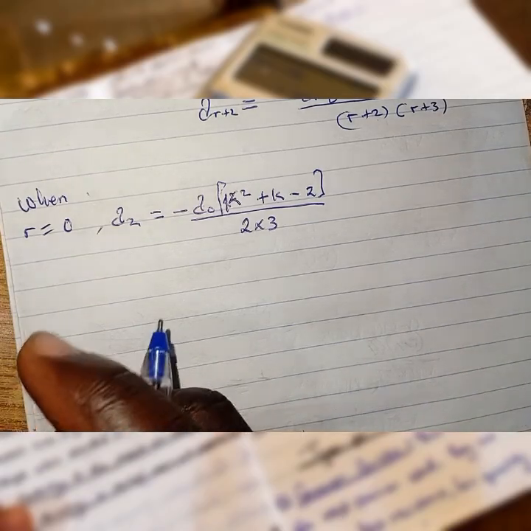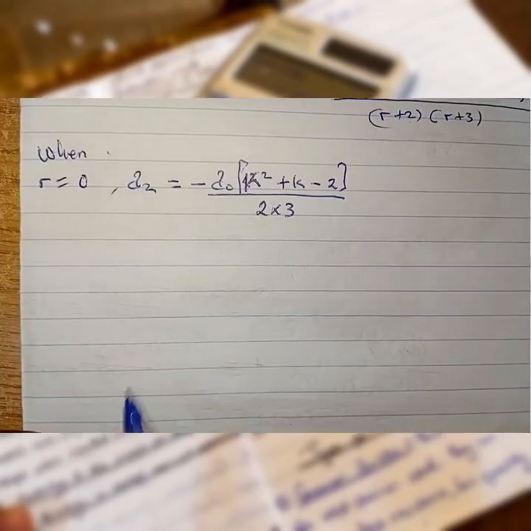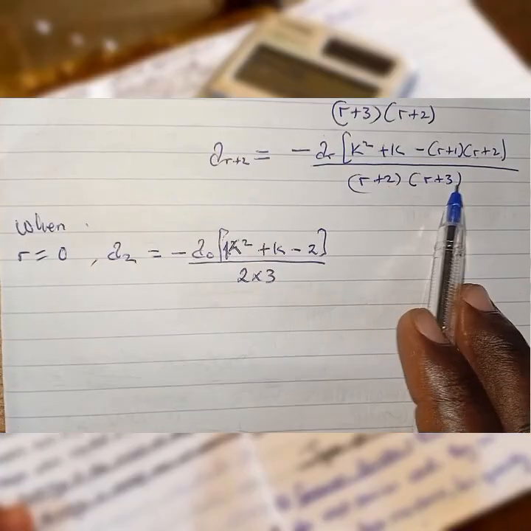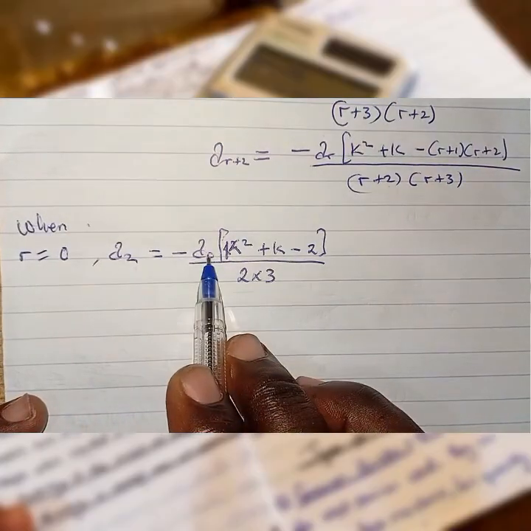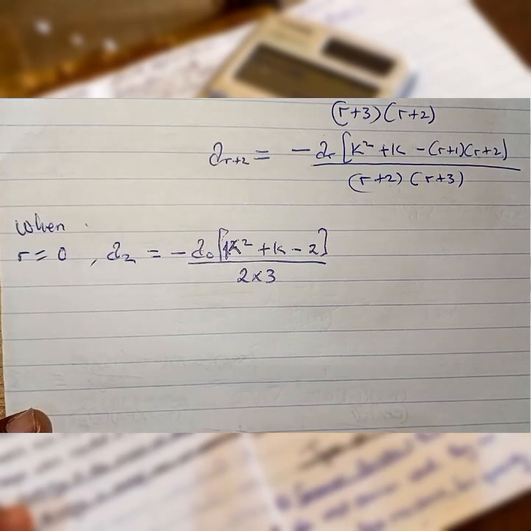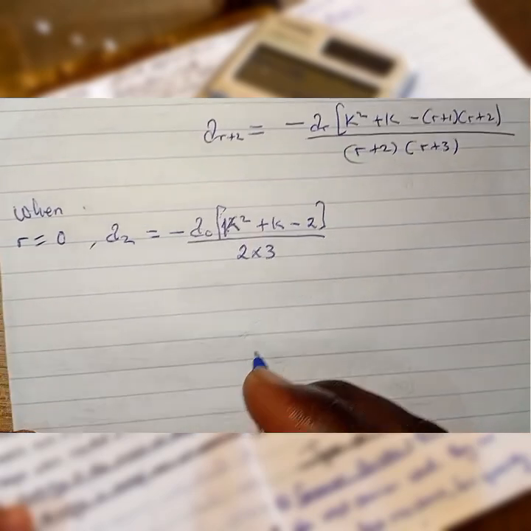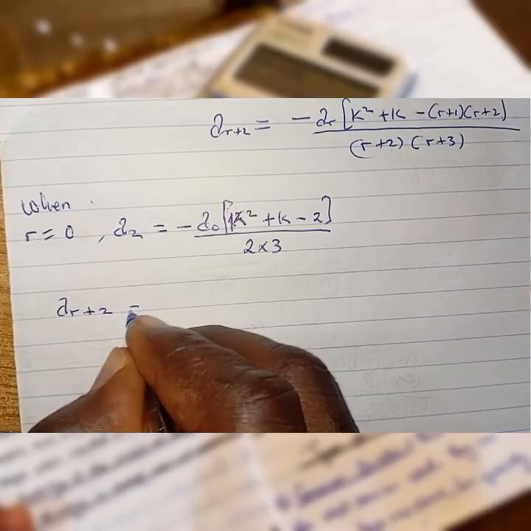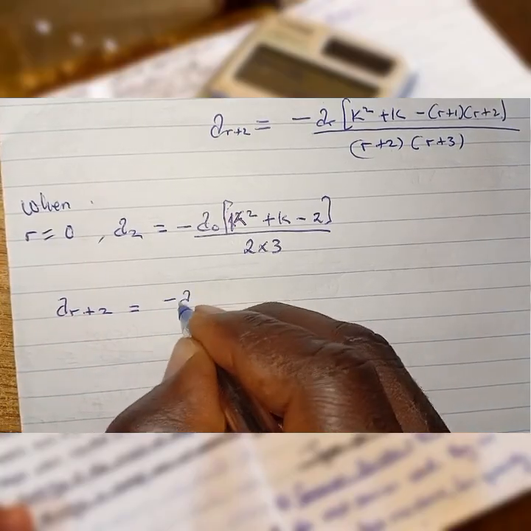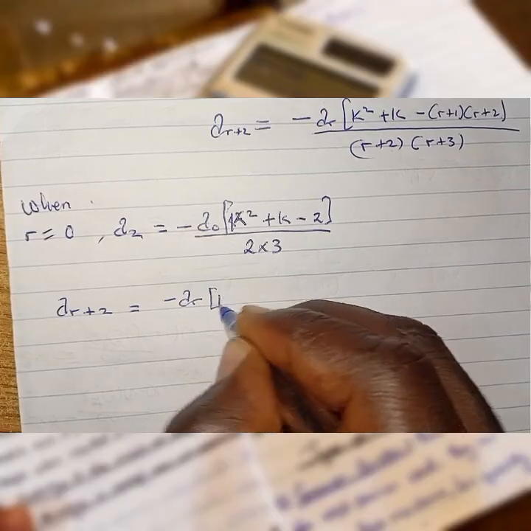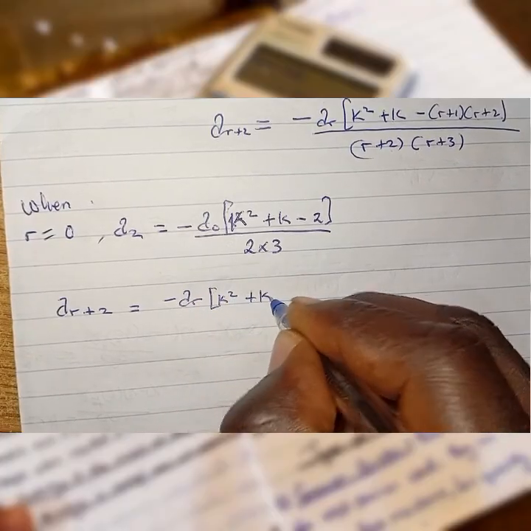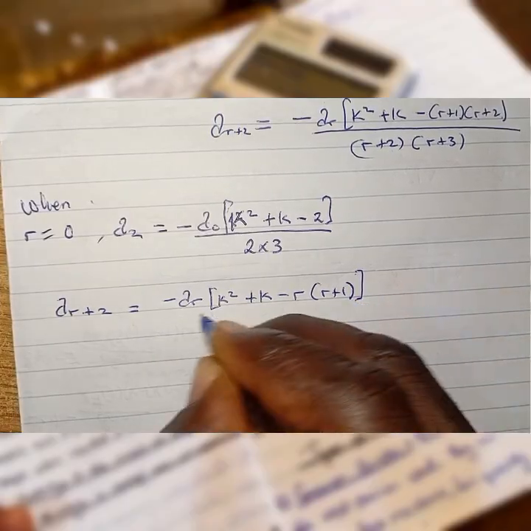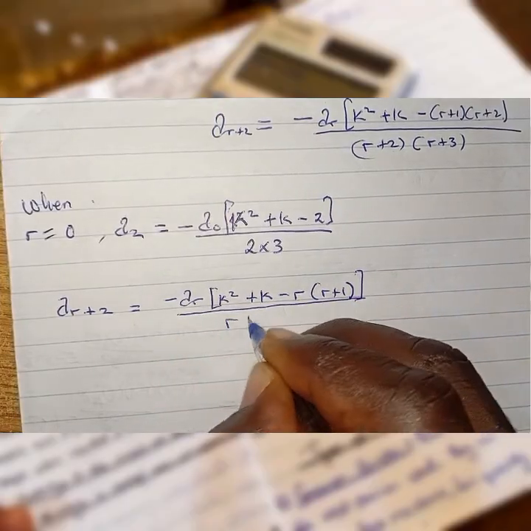Now, what are you going to do? We can see that when we put in 0 into this equation, we do not have A1. So we now go back to the equation of when C equals 2, which we have minus A(R)(K squared plus K minus (R+1)(R+2)).